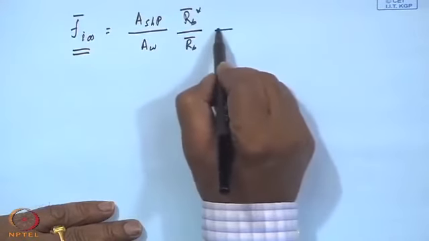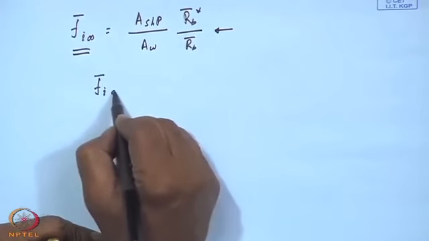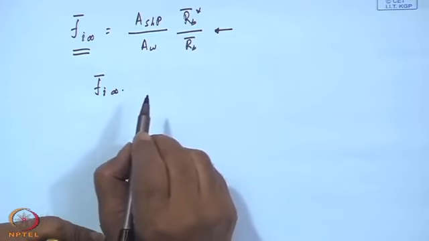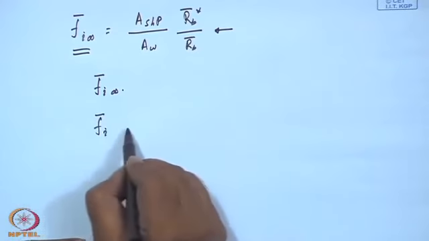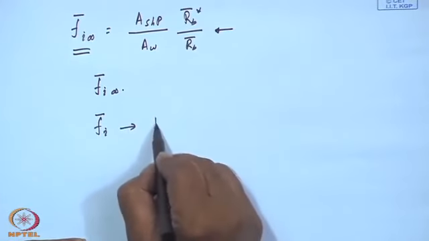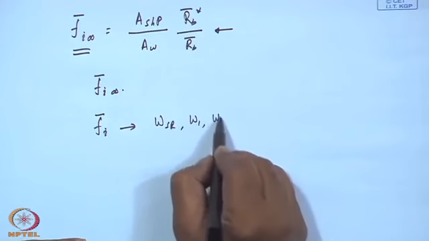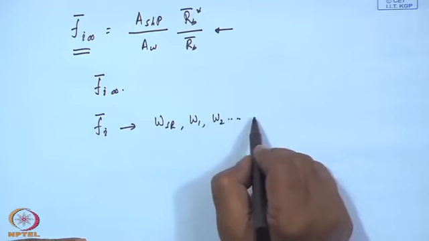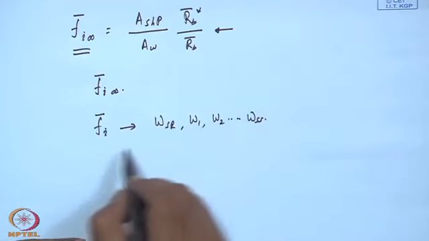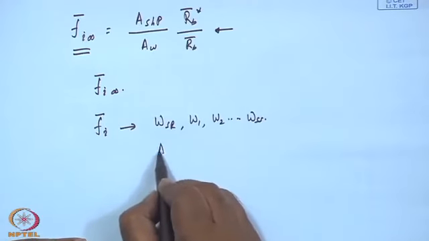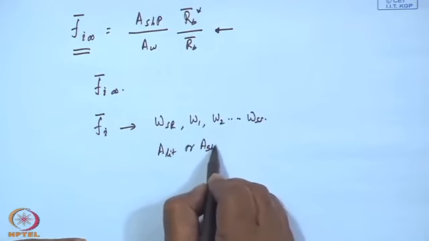So, with this you can calculate your Fi bar infinity, and if you want to calculate Fi bar, I have already mentioned the problem of integrating between omega SR, omega 1, omega 2, we do not know how many, up to omega S piecewise, and then the corresponding A lit or A SHP.